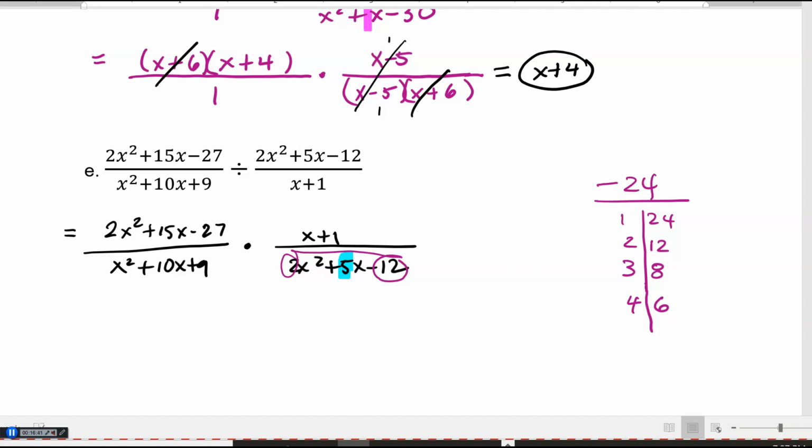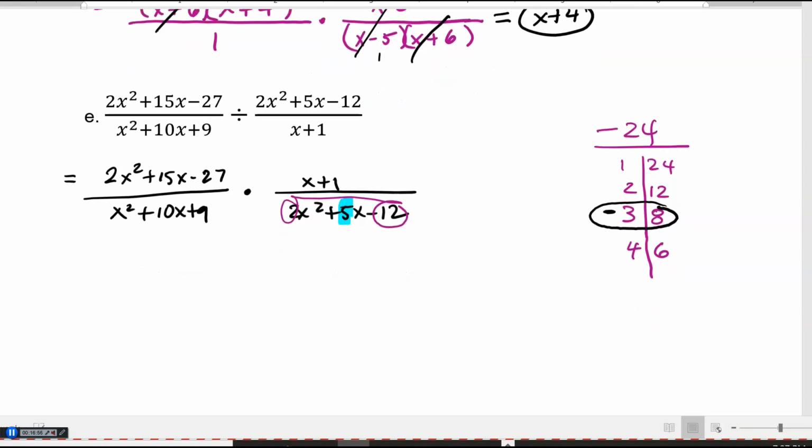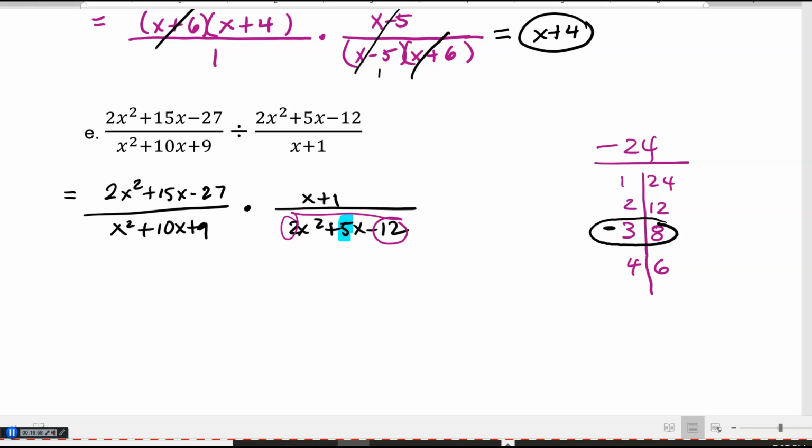So it looks like if we just put a negative in front of that 3, make it a negative 3 plus 8, we will get the positive 5 that we want. But at the same time, we will get negative 24 when we multiply it.